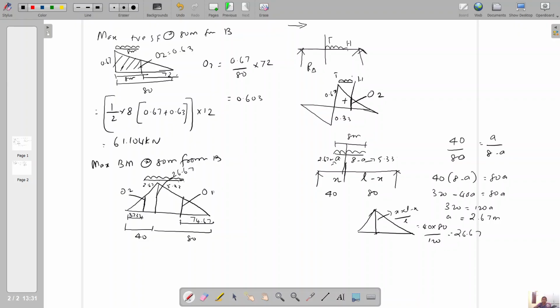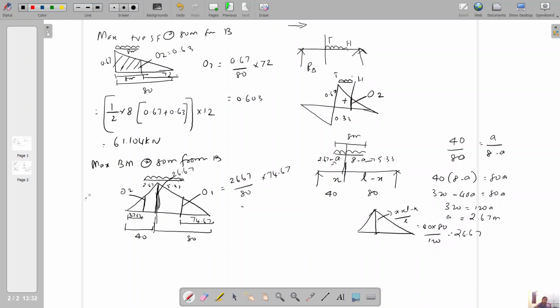So you can easily calculate O1 by comparing this triangle. So 26.67 by 80 into 74.67. It means that 26.67 is the ordinate for the 80 meter span. What is the ordinate for 74.67?